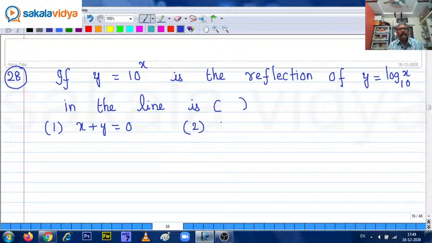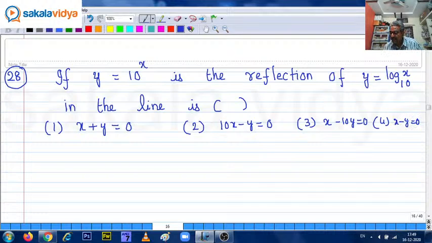Second option, 10x minus y equals to 0. Third, x minus 10y equals to 0. Fourth, x minus y is equal to 0. Yes, this is for JEE preparation.